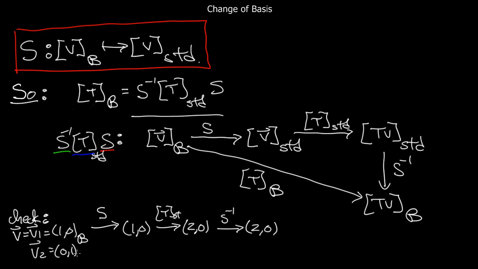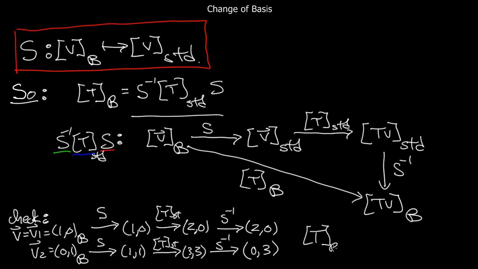On the other hand, when we do v2, which is (0, 1), this S is going to take you to (1, 1). And then T takes that to (3, 3). And this S inverse takes that to (0, 3). And that's the correct result. This (2, 0) and (0, 3) here are what are telling you that this matrix is diagonal with 2 and 3 on the diagonal. So this little calculation that I did here is the shorthand for the way I worked it out by hand earlier, and it shows you that the matrix S is taking care of that for you.